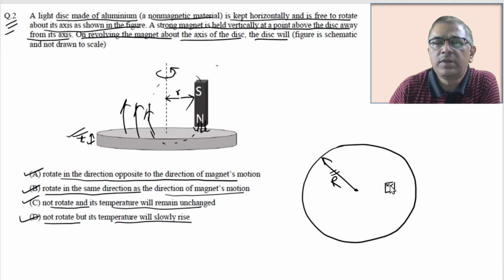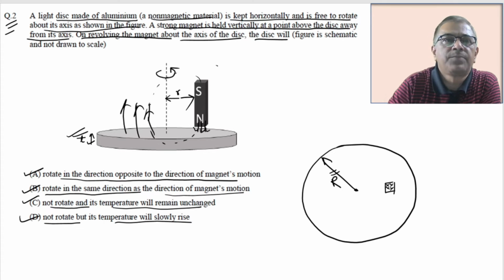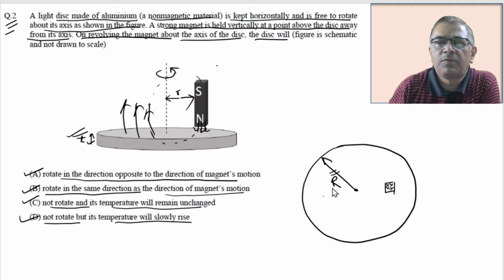I have shown these by crosses. But magnetic field lines come out from elsewhere. From all these points, magnetic fields are coming normally out of the page. The strength of magnetic field at all these points will be different.